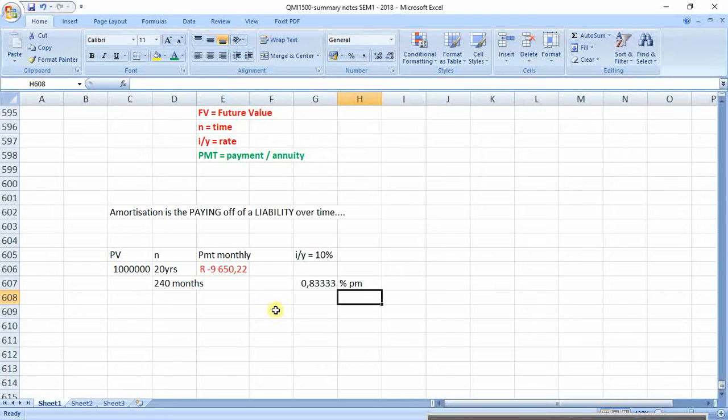I'm not getting the same answer. Because you didn't use the same rates. The rate you just put in as 0.83, you didn't put it as 3 recurring. I did. Try again.